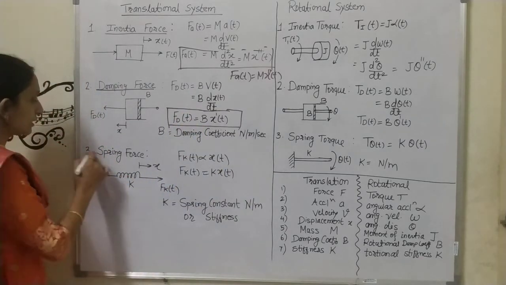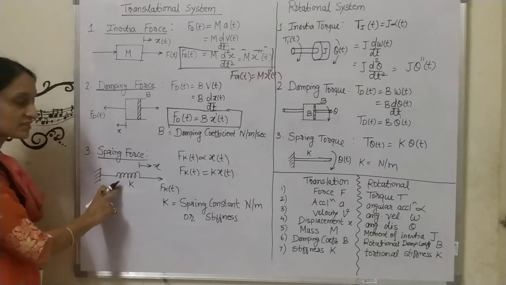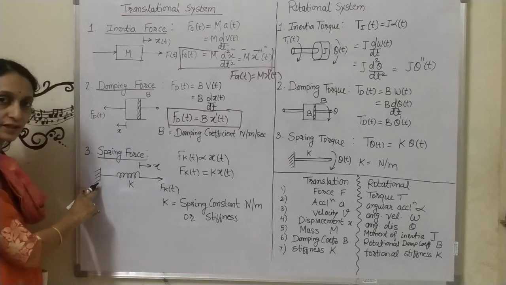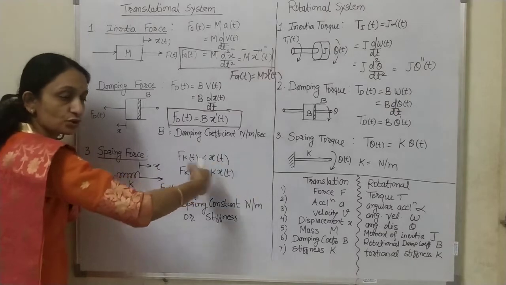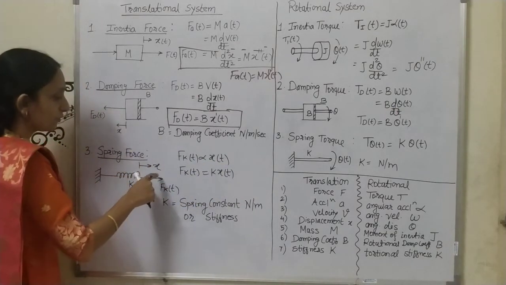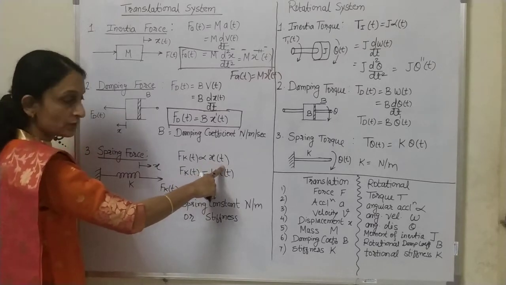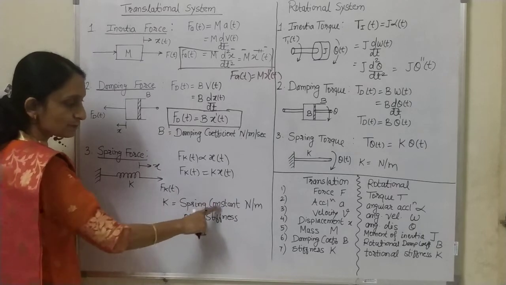Now the third force is the spring force. This is the representation of a spring. This spring is connected to a rigid support. When we apply force in this direction, this will be the motion of the spring. The force because of the spring is directly proportional to displacement. K is a constant, called the spring constant.